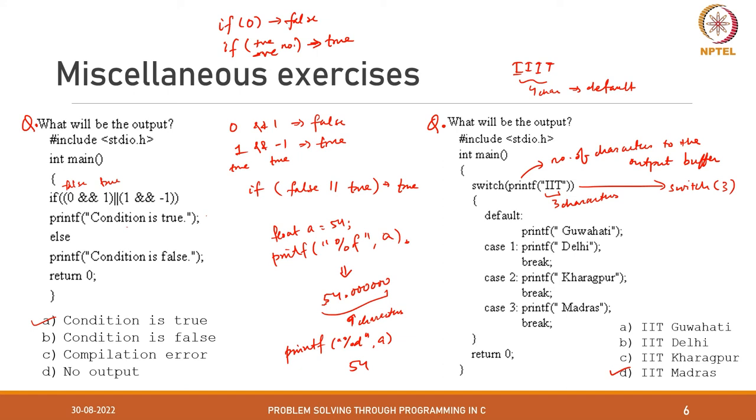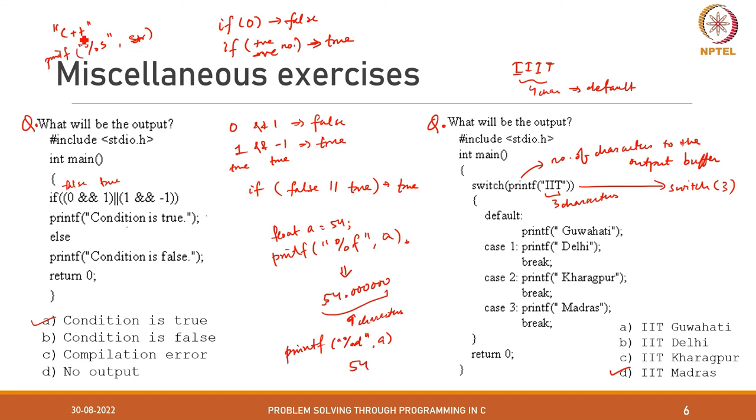Then, the number of characters in the string. Say I have a string which is C++, and I'm printing it with percentage s, with some string variable str. So here there are three characters.